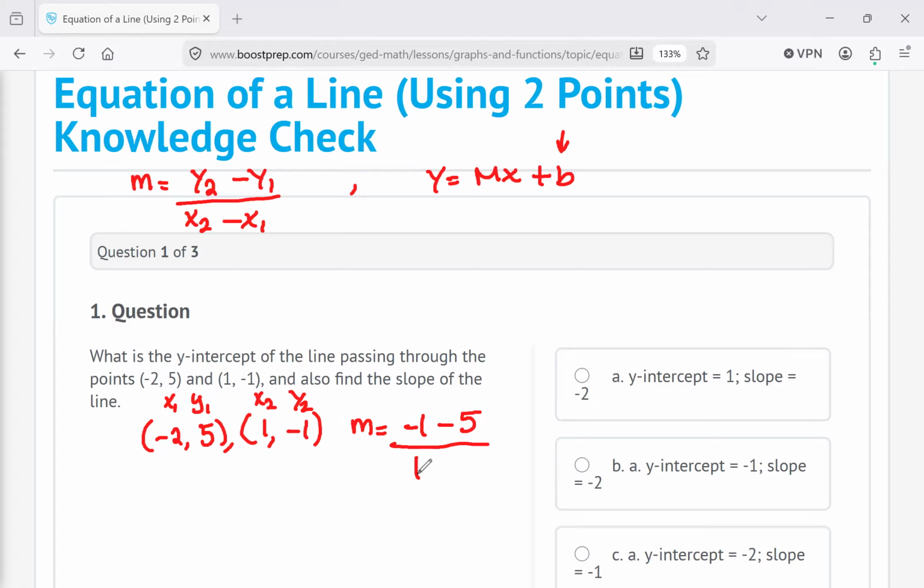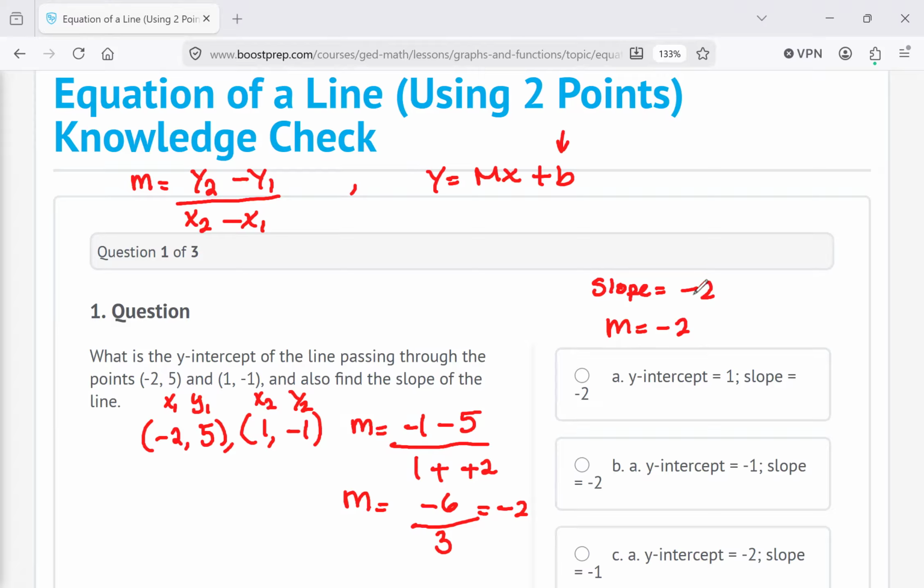My x2 is 1 minus my x1, which is -2. On the top, what's -1 minus 5? -6. And on the bottom, two negatives become a positive, so that's 3. What's -6 divided by 3? -2. So my slope, or m, is -2.